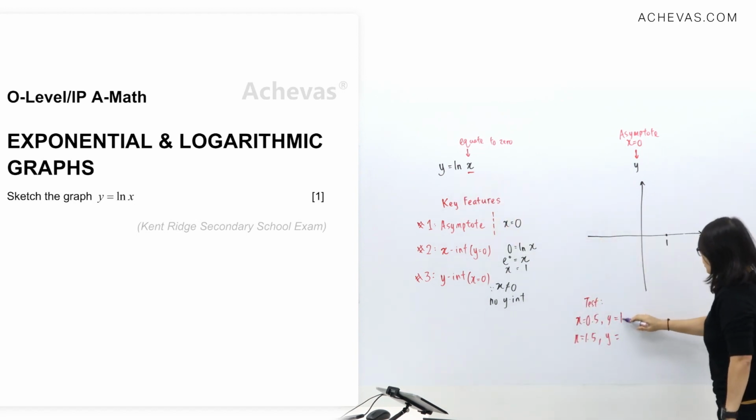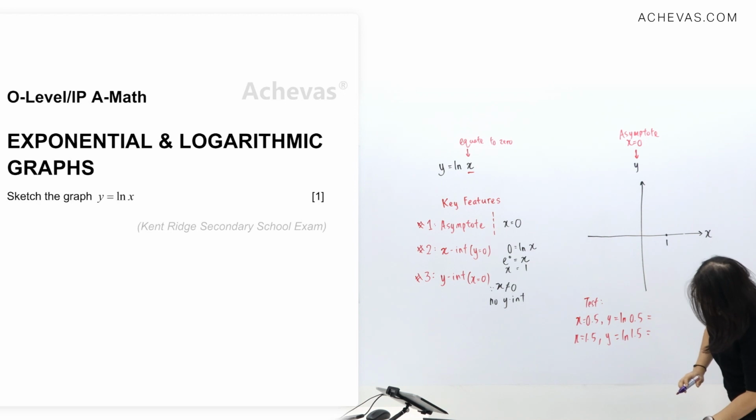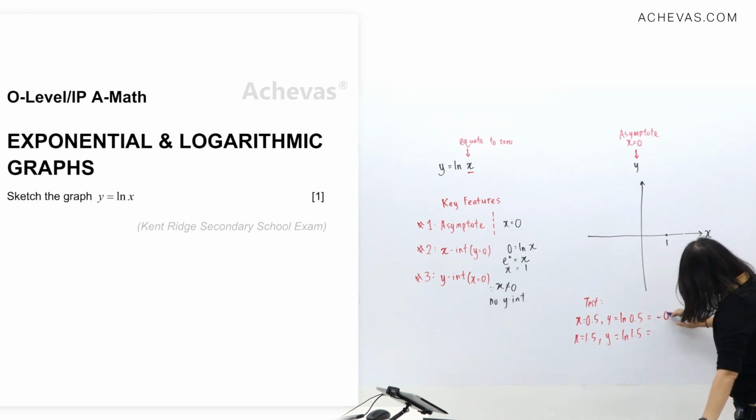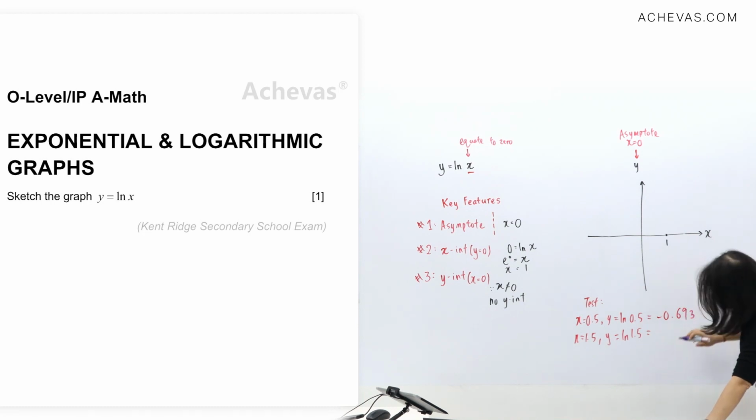So we take ln 0.5, click calculator, ln 1.5, click calculator. So let me write down the value here from my calculator. It's negative 0.693. The other one, 0.405.